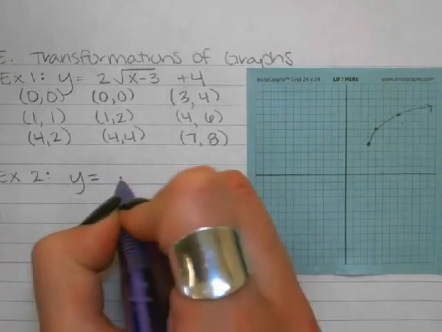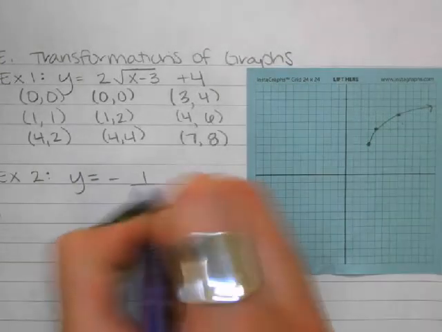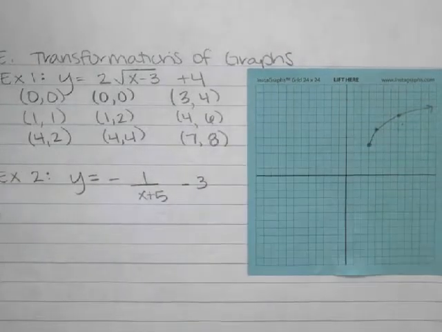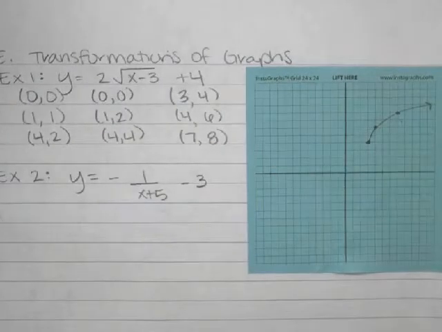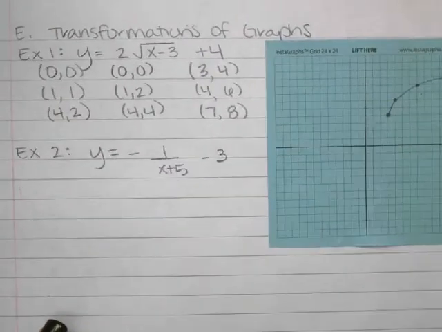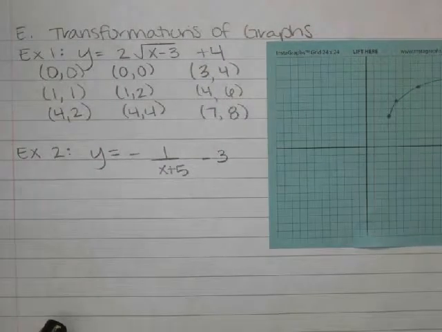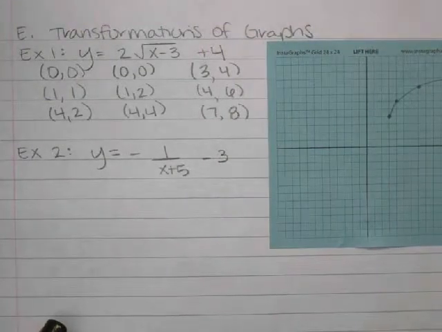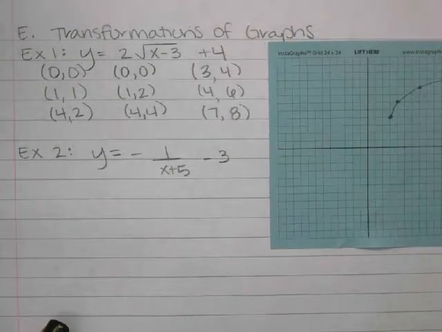y equals -1/(x + 5) - 3. So here, this is an interesting parent function because it has some weird points to plug in. You'll notice that I picked some examples that would be the weird ones so that you know what to do with those.